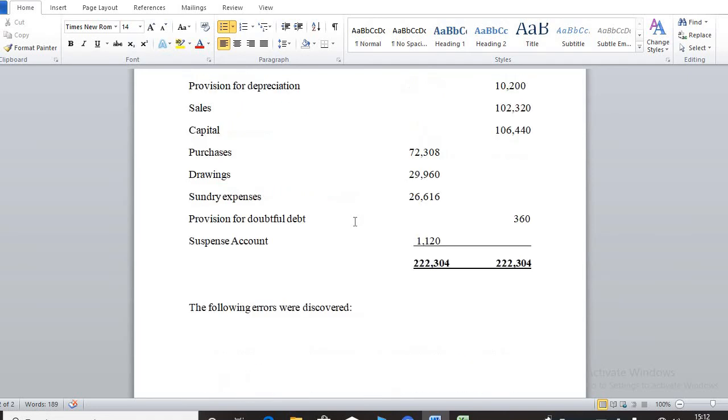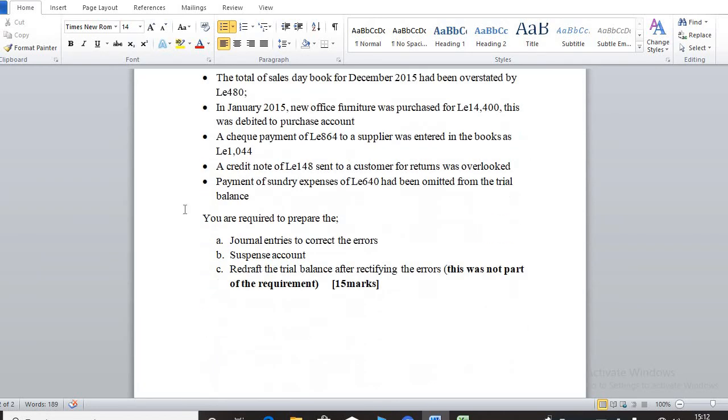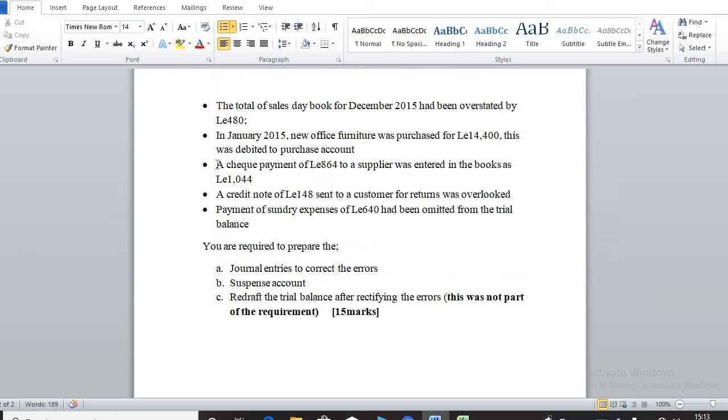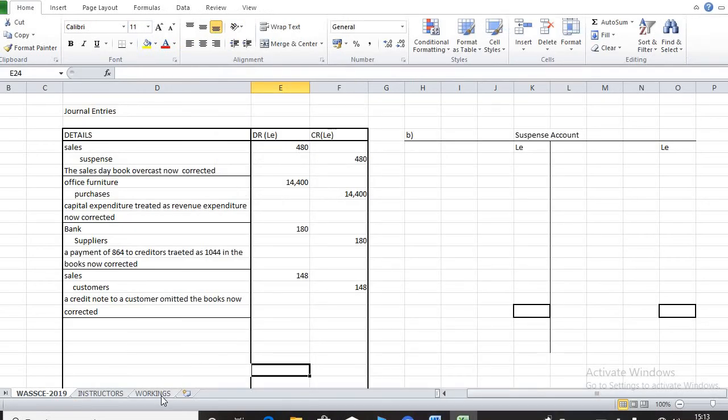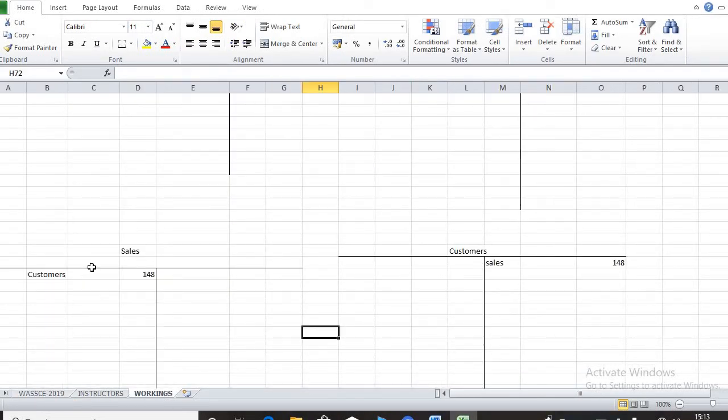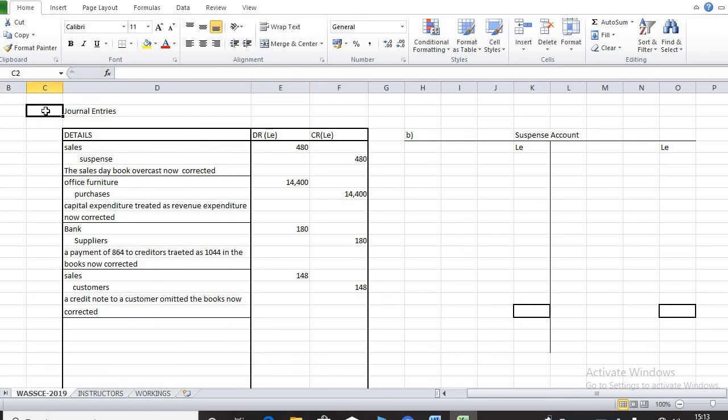Okay, so we have done it nicely. So this is the solution for item 4 on the question paper. We opened the T account, we debited the sales account, then we credited the customer's account. From there, we posted it to the journal, which is the requirement itself.